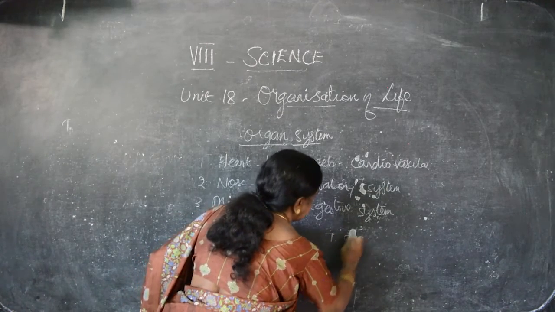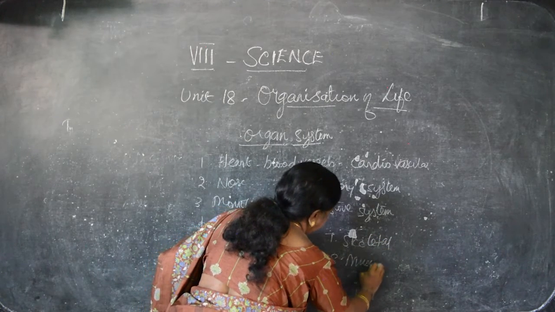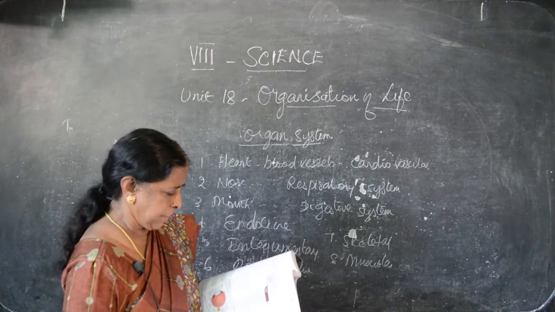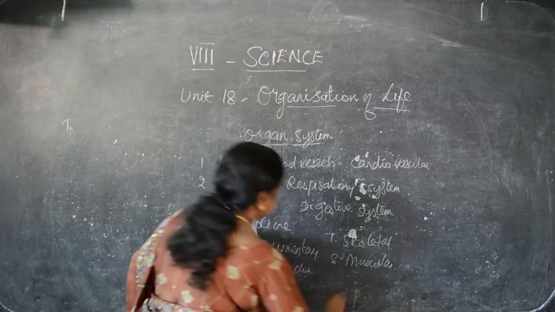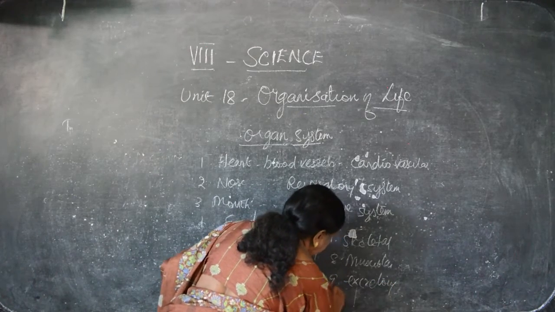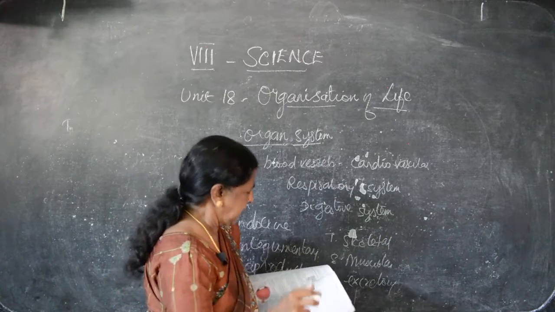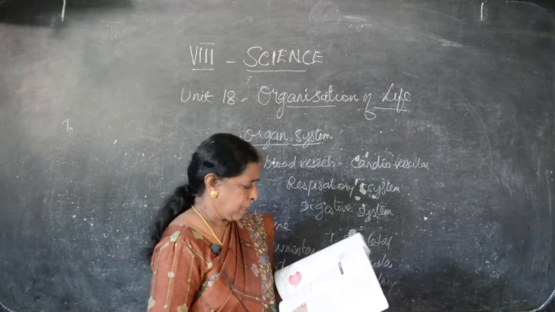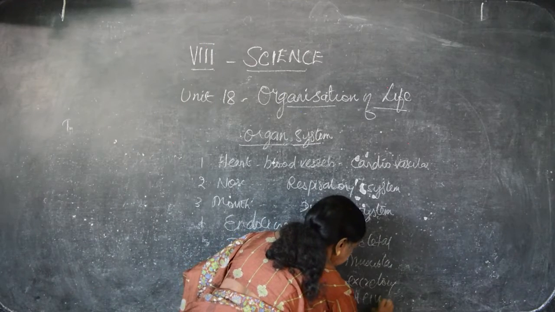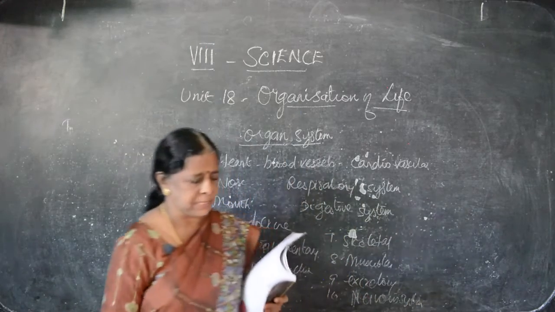And skeletal system. Muscular system. Excretory system. And reproductive, integumentary, skeletal, excretory, and then nervous system. These are the systems present in our body.